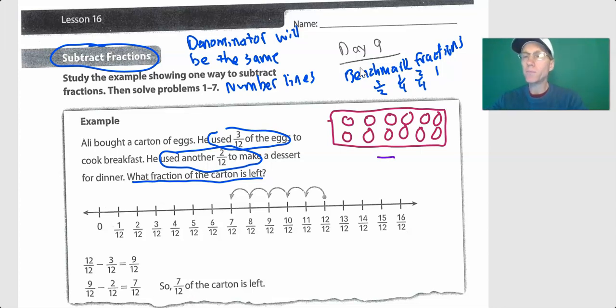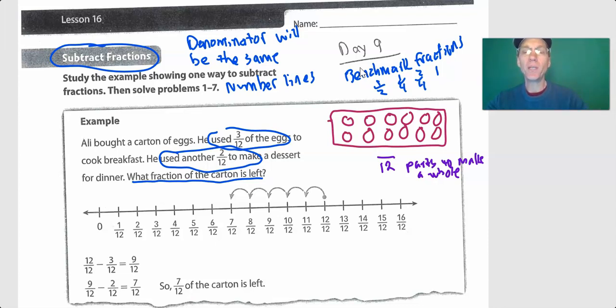How many eggs? That always tells you your denominator. So 12 parts to make a whole. And in this case there's all 12 there.